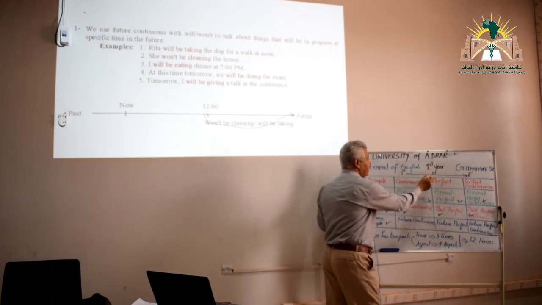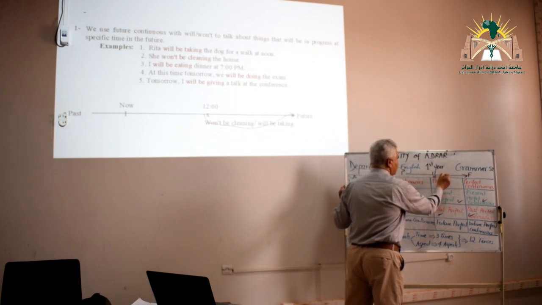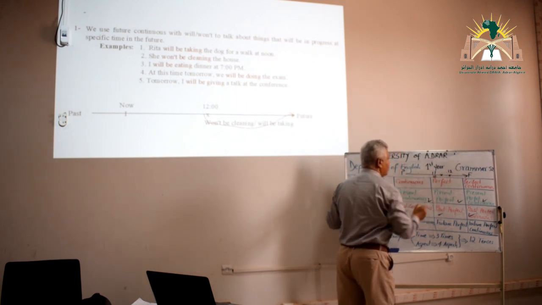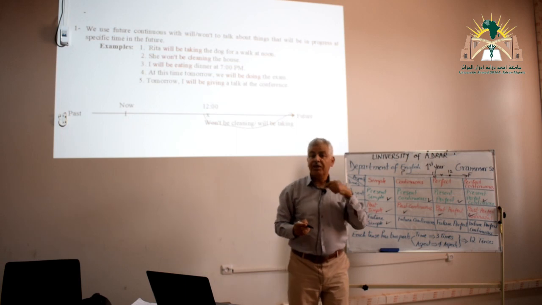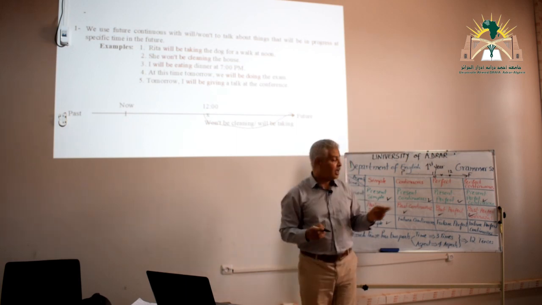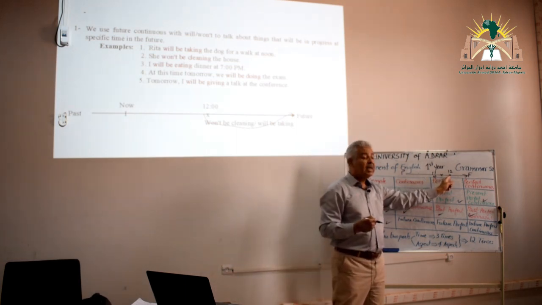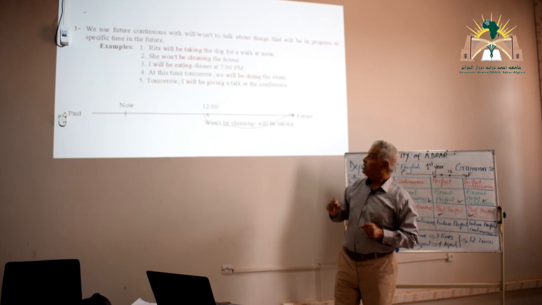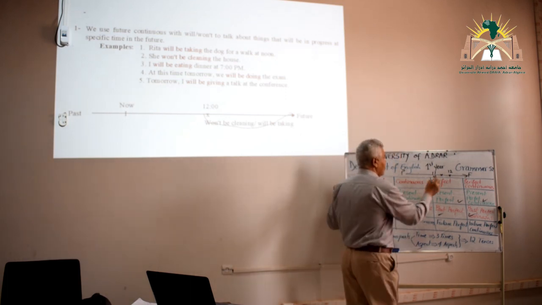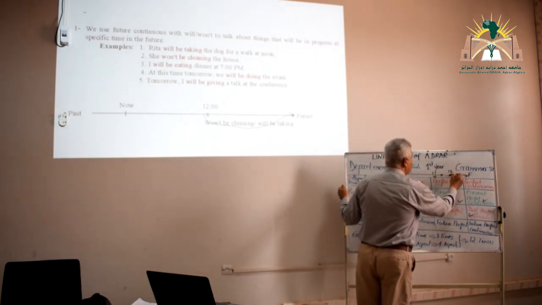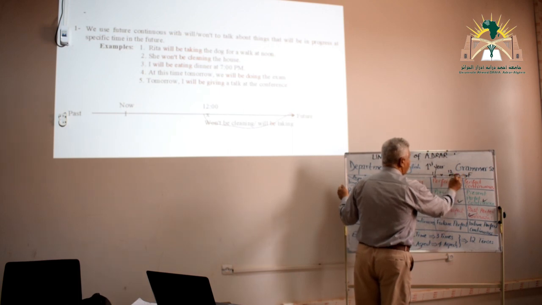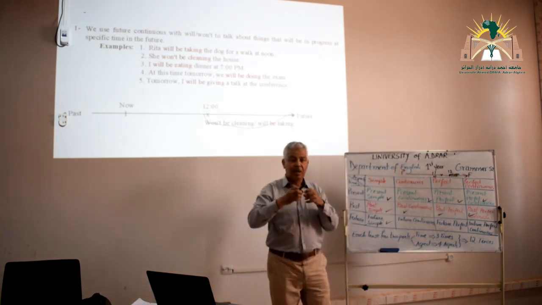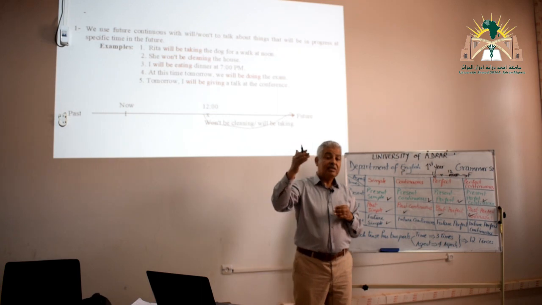Now it is 10, all right? And here is 12, noon. So something will happen in progress at this point in time, or it begins at this point in time in the future. So Rita will be taking the dog for a walk at noon. So the action of taking the dog for a walk happens in progress over a period of time, and it starts in the future.